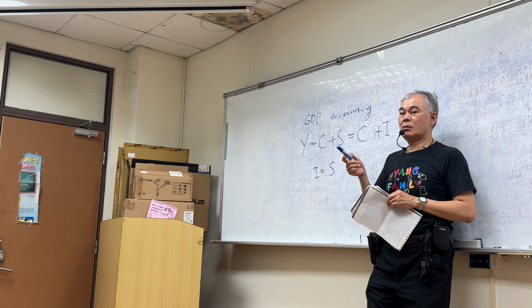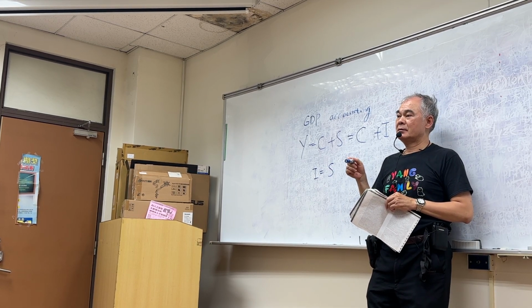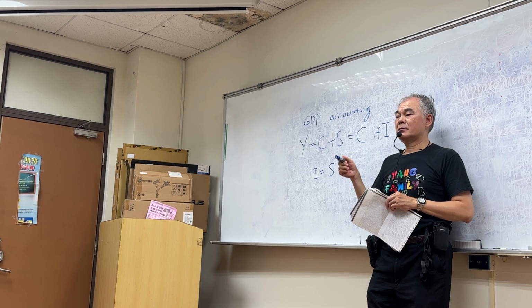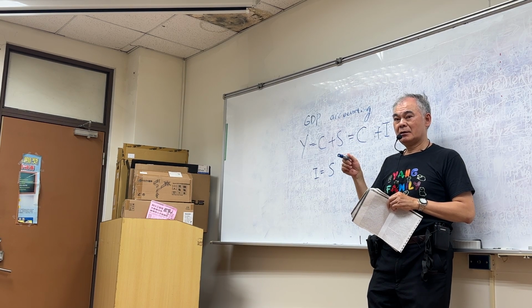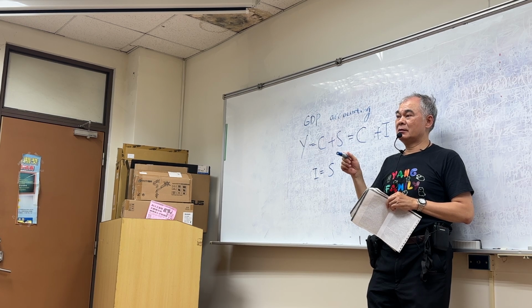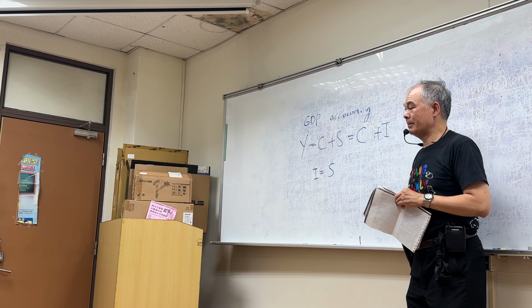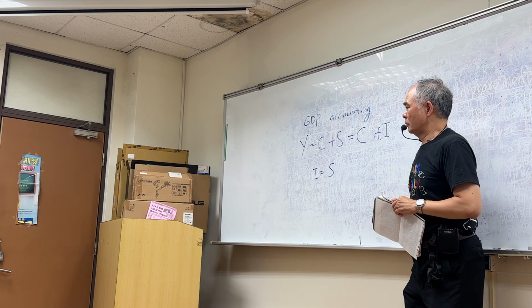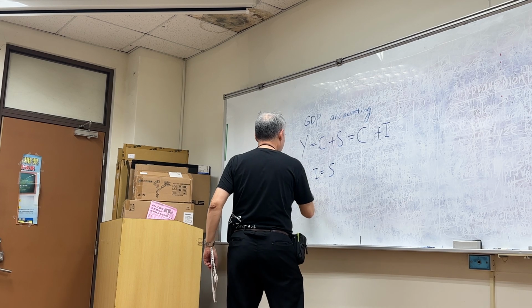Exactly. Okay, so what is IS curve? IS curve depicts or tells us the relationship between interest rate and income when the economy is in equilibrium. So here, I equals S.